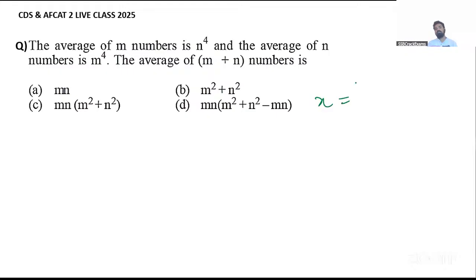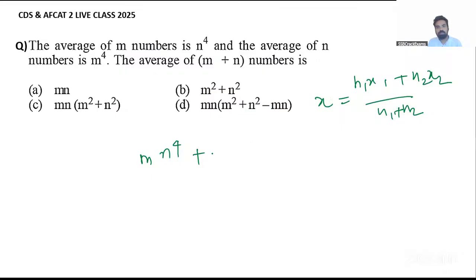Say x is the number, then the average is n1 x1 plus n2 x2 upon n1 plus n2. So n1 is m, x1 is n power 4, and n2 is n, and x2 is m power 4, divided by m plus n.